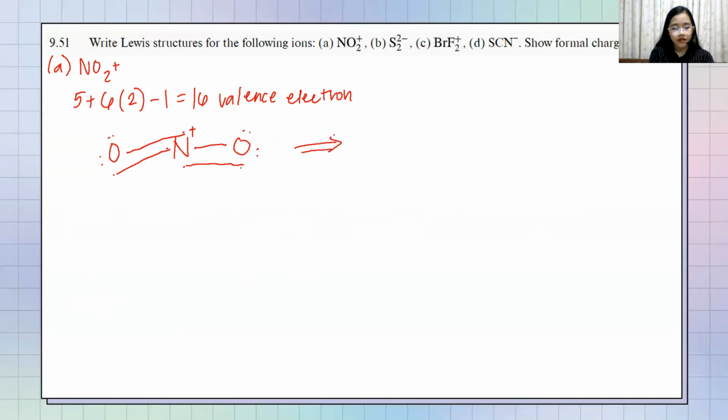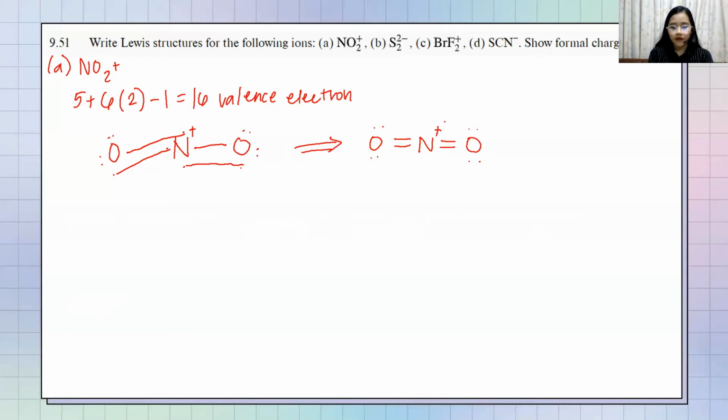This is the Lewis structure: O double bonded N, double bonded O, and the lone pairs. Don't forget the charge.